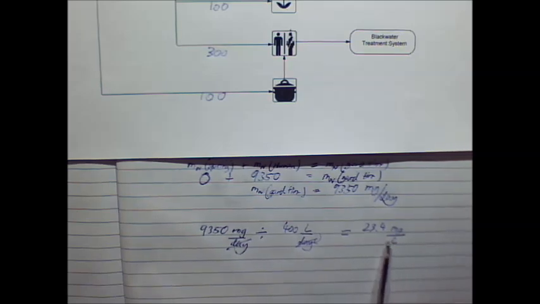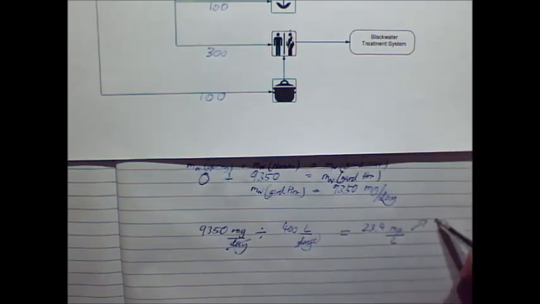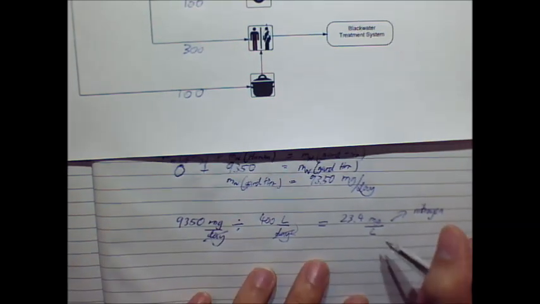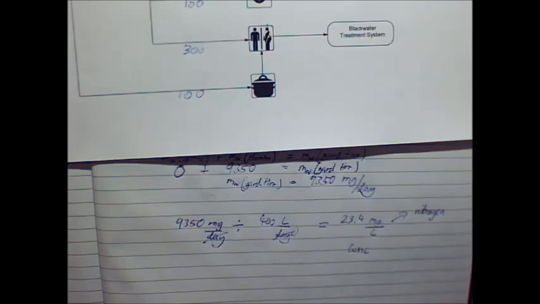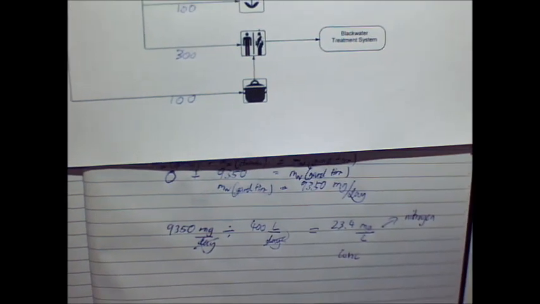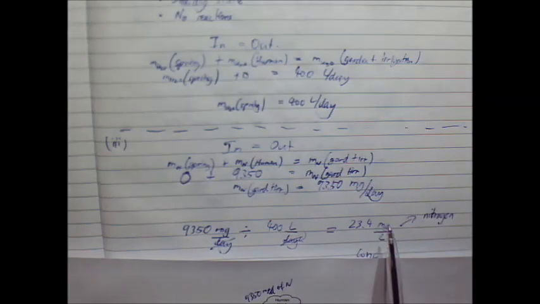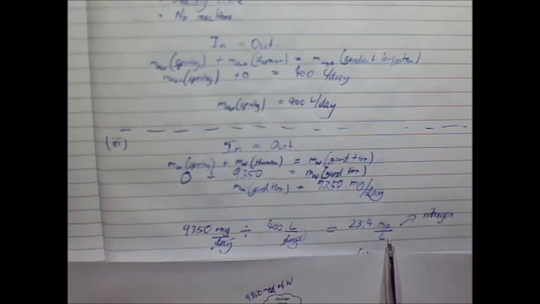So I've worked out what my nitrogen concentration is. It's important to keep in mind whether it's asking you for a mass flow rate per day, or a concentration as the answer.